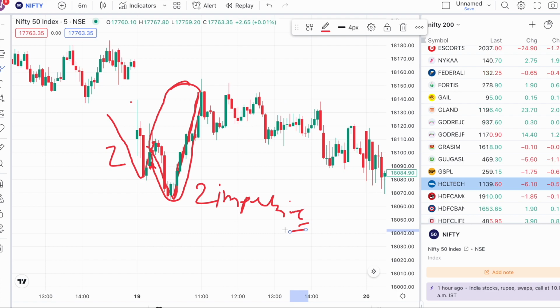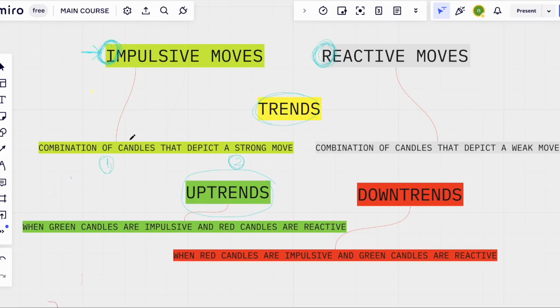So the idea is simple. Whenever you see a fight where one party is attacking and the other is defending, then you have got a combination of impulsive and reactive moves. And these impulsive and reactive moves are called uptrends and downtrends.